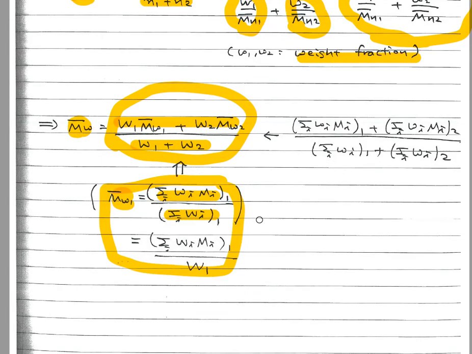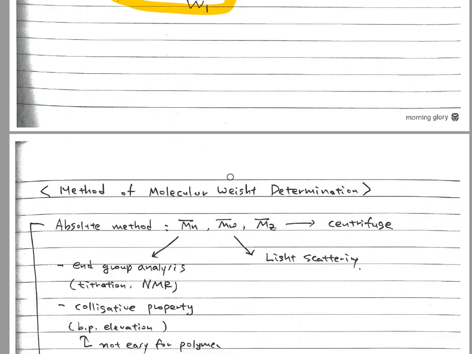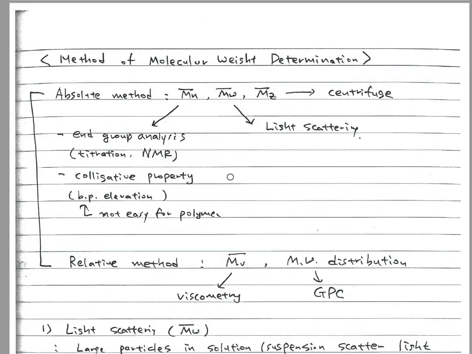Okay, so we have just seen that there are 4 different kinds of average molecular weight for polymers, right? And how could we determine, how could we measure it? There are many different ways, and we have already seen some of them.